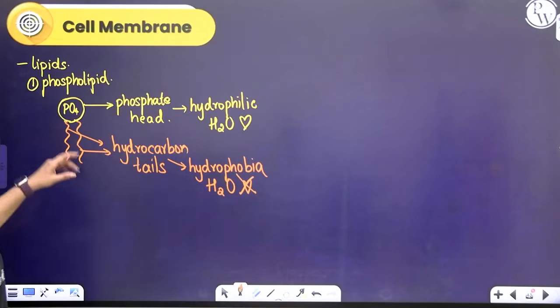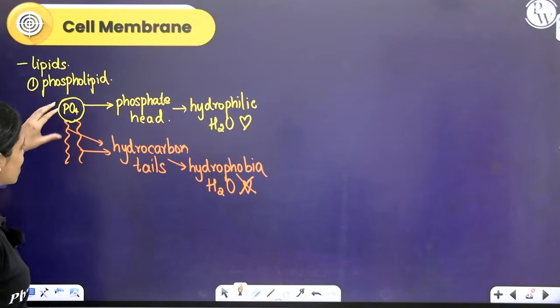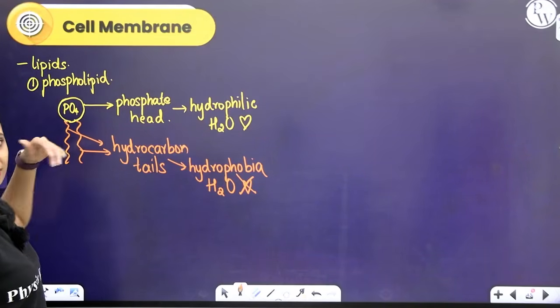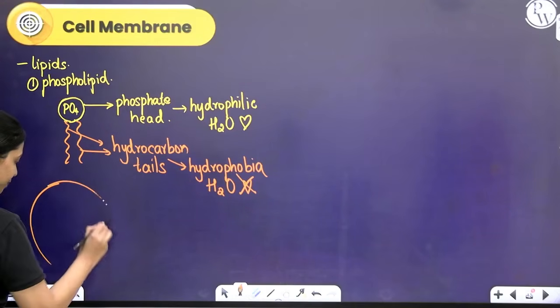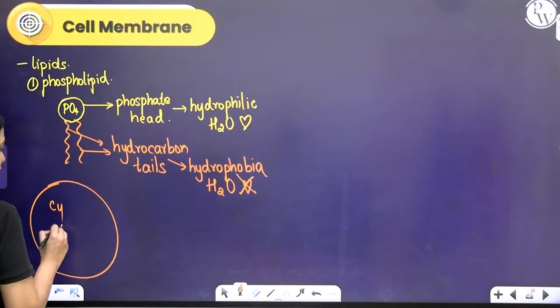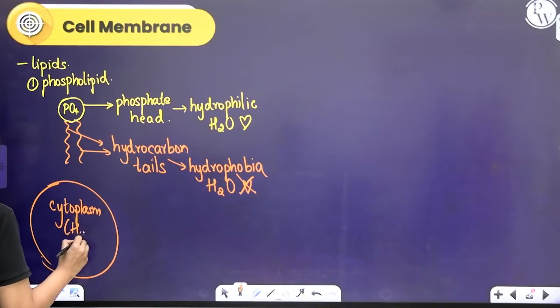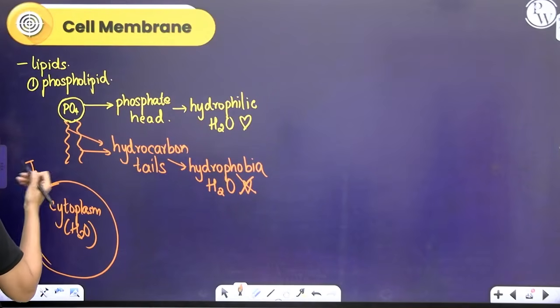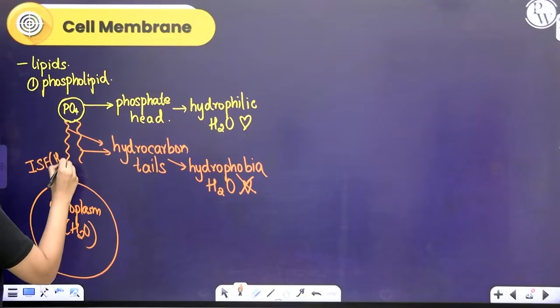Okay. Majorly in the plasma membrane, you will find phospholipids only. So in this phospholipid, you have two parts, one part which likes water, one part that does not. Now, if this is a cell, inside the cell you will have the cytoplasm, which contains a lot of water. Outside the cell, you will have intercellular or interstitial fluid, which also contains a lot of water.